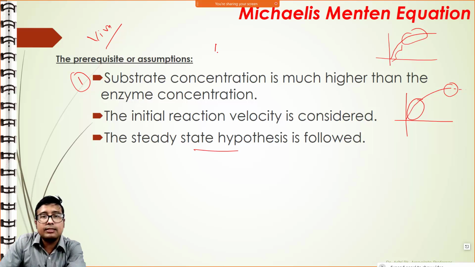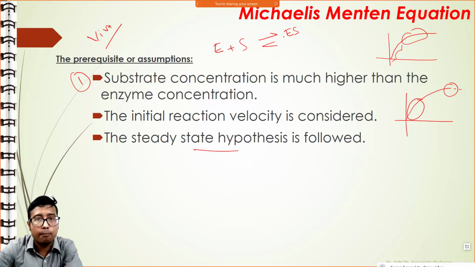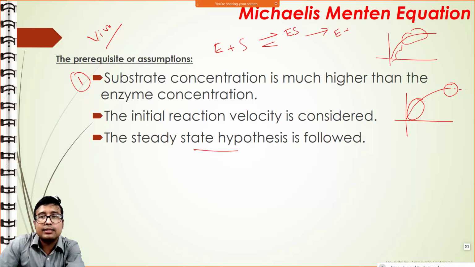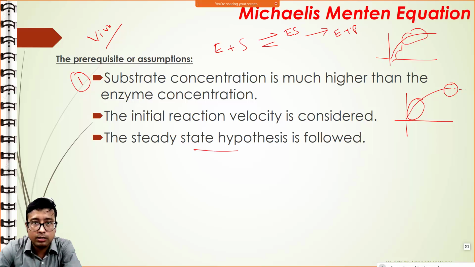So, steady state means, you know what happens, enzyme plus substrate reversibly forms enzyme substrate complex, and from that it becomes enzyme plus product, right? Steady state hypothesis states that, okay, the rate of formation of this equals the rate of breakdown of this.